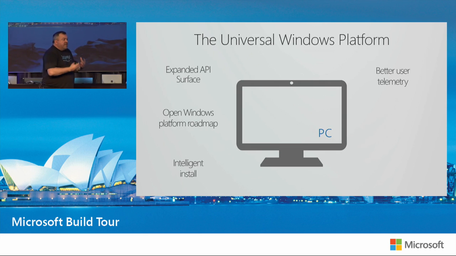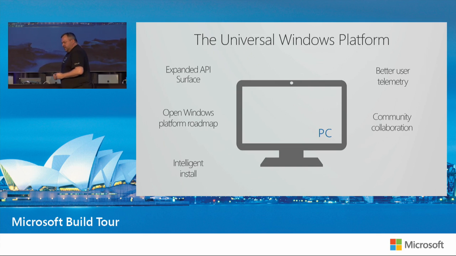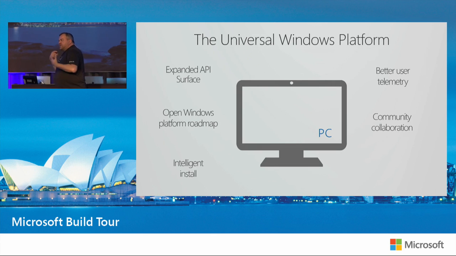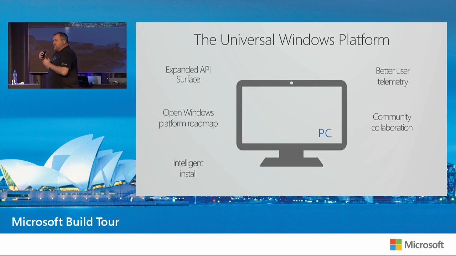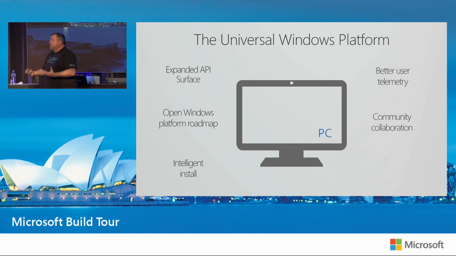We wanted to provide better telemetry so that you could understand what the users are doing. And so our Dev Center has a deeper, richer understanding of what problems are occurring, where people are acquiring your apps, and so on. We've been partnering with the community, not just in the roadmap, but also in functional areas. You may have seen, if you've been looking at UWP development, that we released the UWP Community Toolkit.